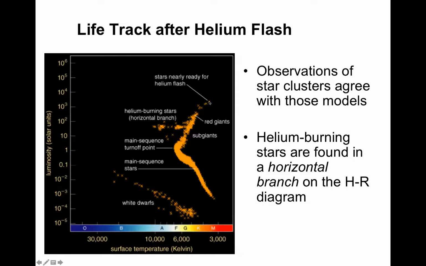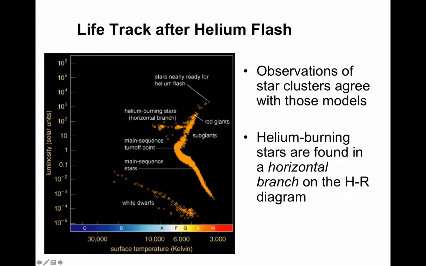And once that happens, it very quickly jumps down to this line. You can see, for reasons that are obvious now, we call this the horizontal branch. The horizontal branch is the region of the HR diagram where stars are steadily burning helium into the next thing that it turns into. It's analogous to the main sequence. It is a fairly long-lived stage of stellar evolution.